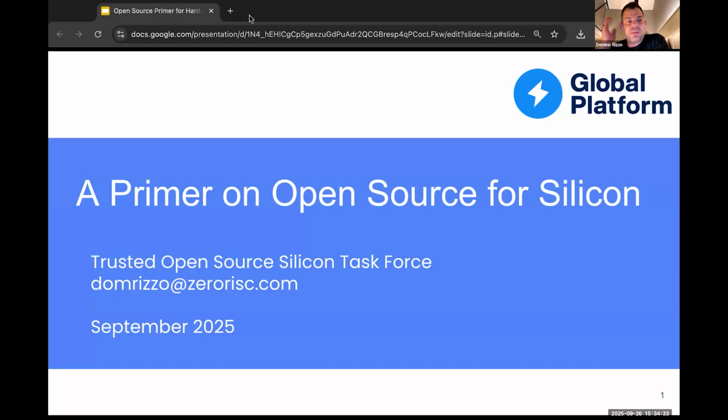As mentioned, I'm founder and CEO of ZeroRISC, a company that's really focused on driving adoption of open source, secure silicon everywhere as a way to up-level supply chain integrity for the entire silicon ecosystem, and then providing the integrity management devices and services that layer on top of that.